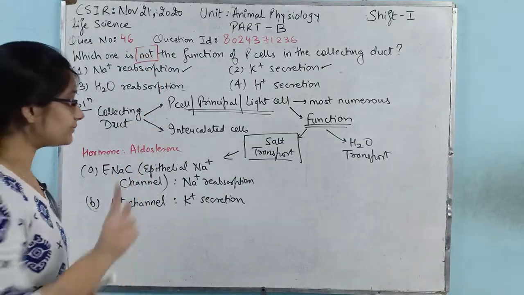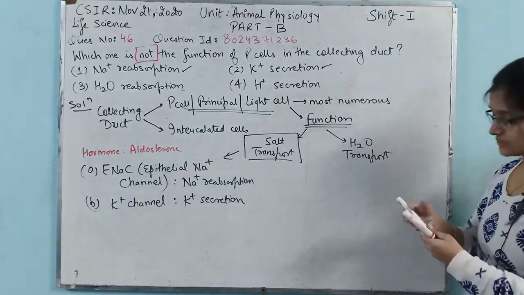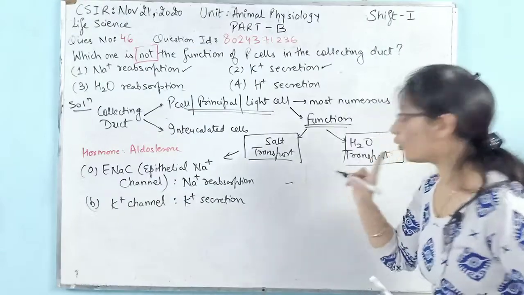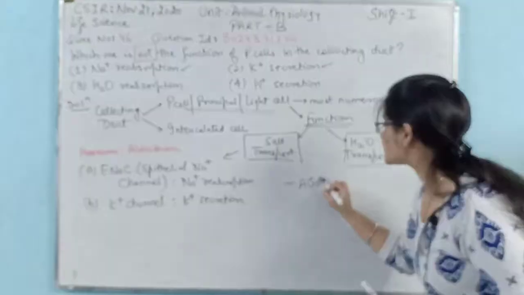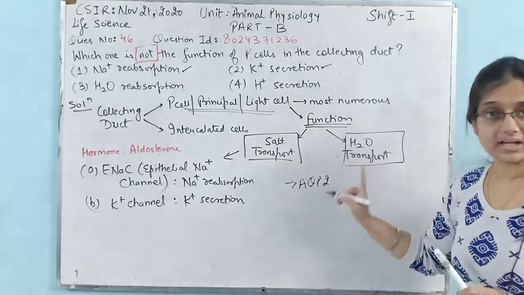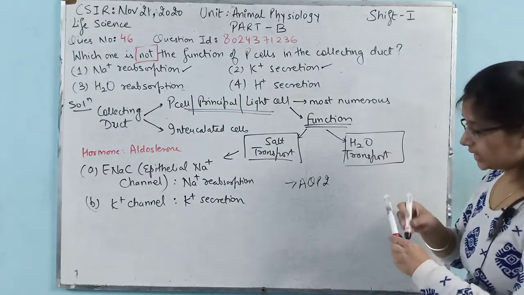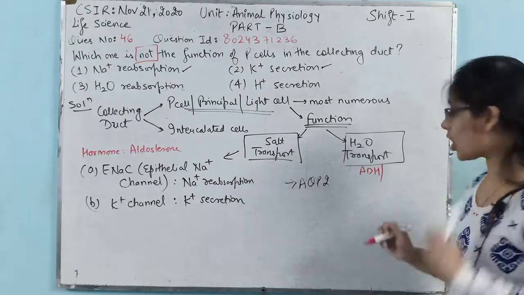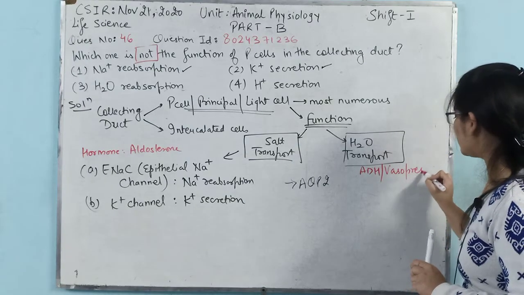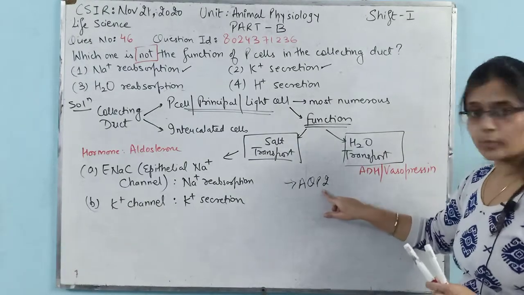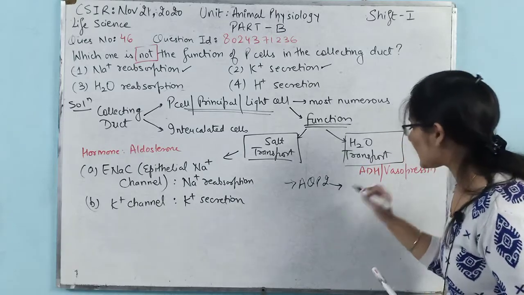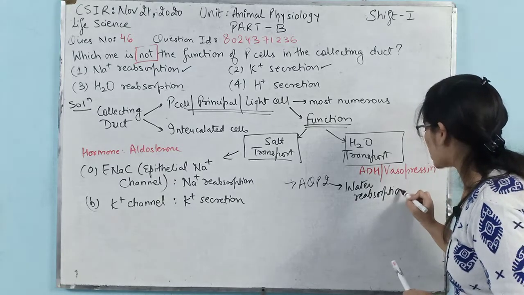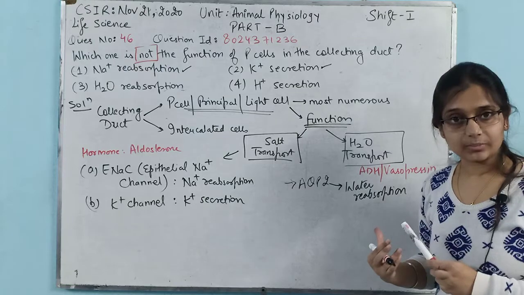Coming on to the second transport, which is water transport. The P cells have the water channel aquaporin, which is AQP2, in the membrane. Under the influence of the hormone ADH, antidiuretic hormone, also known as vasopressin, through the aquaporin 2 channel the P cells are involved in water reabsorption to conserve water inside the body.